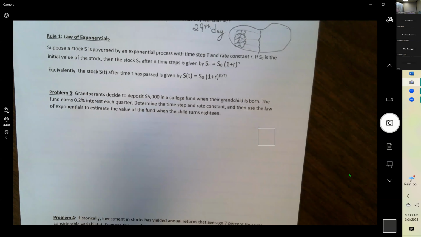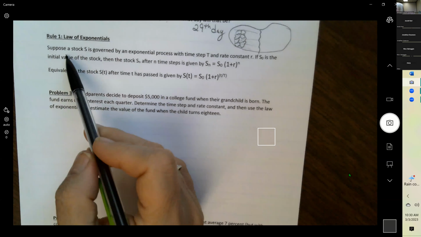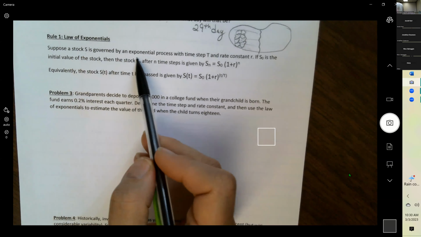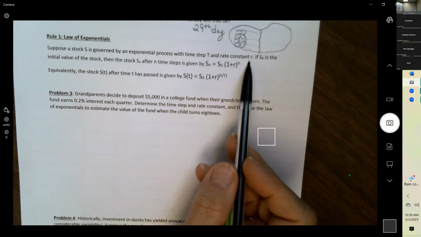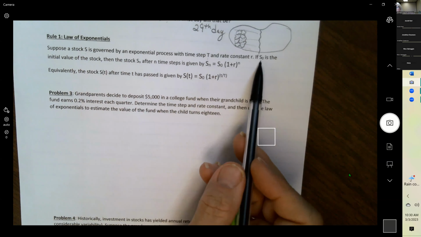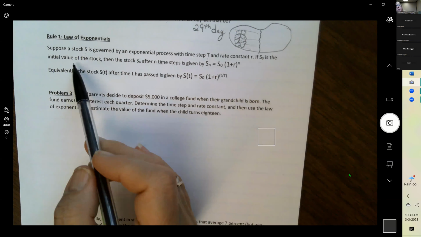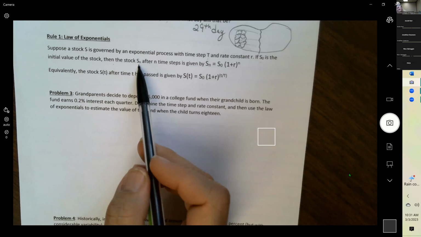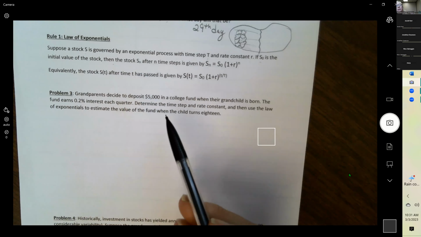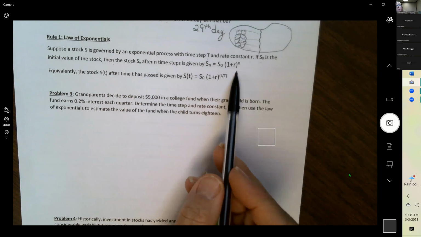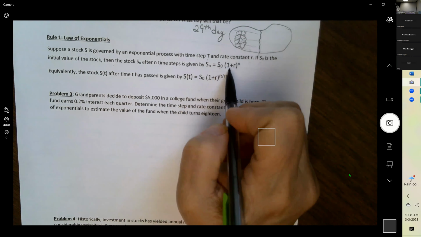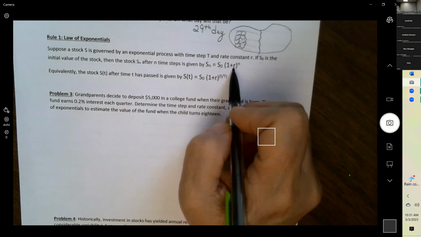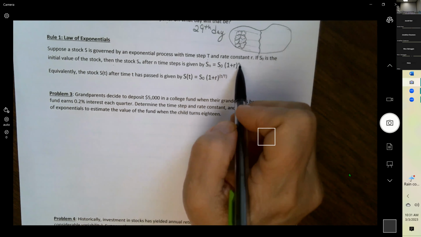Here's where it gives you the two formulas. Suppose the stock S is governed by an exponential process with time step t and the rate constant r. If S sub 0, that's the starting amount, is the initial value of the stock, and S sub n is the stock at any certain time, then you can use this formula where S sub 0 is the starting amount times 1 plus your rate, to the n power.